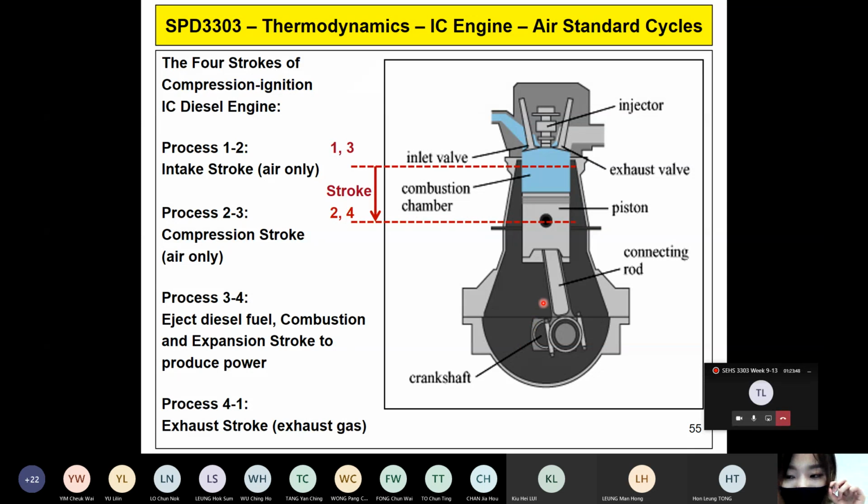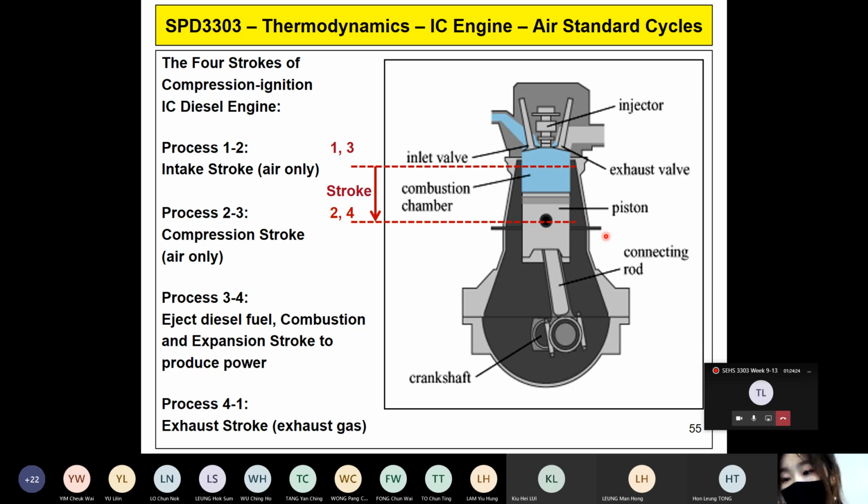This way, we can convert the reciprocating motion into rotational motion, which is much easier to transfer to the transmissions in your vehicle. Then we obtain the useful work output.